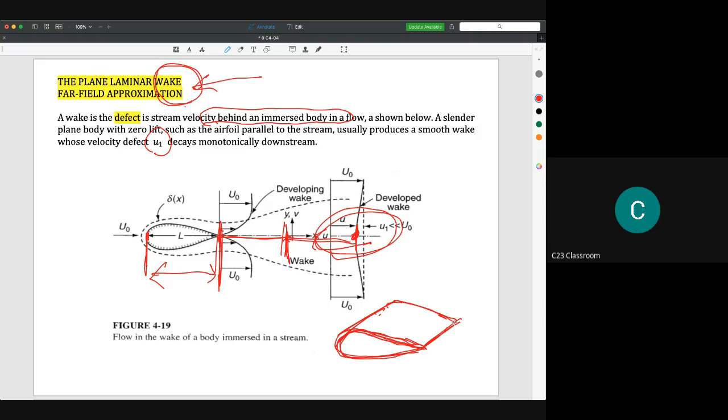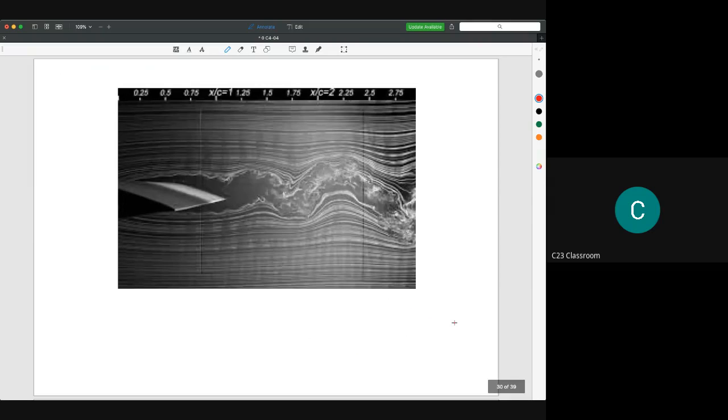So this is the example of wake. My separation starts to occur here. And then there will be an imbalance of the velocity at the back, because usually if we illustrate this velocity according to the idea of ideal flow, we could say that the velocity will be back to normal at the end here.